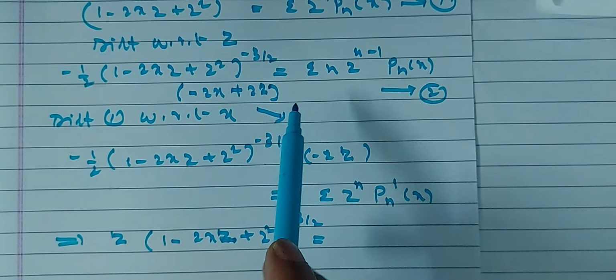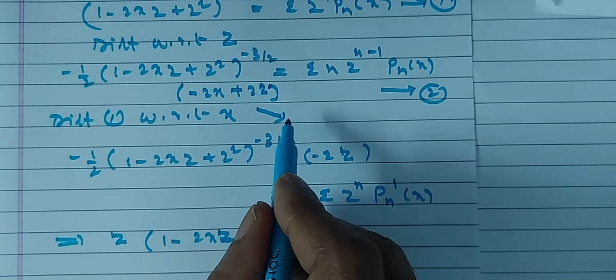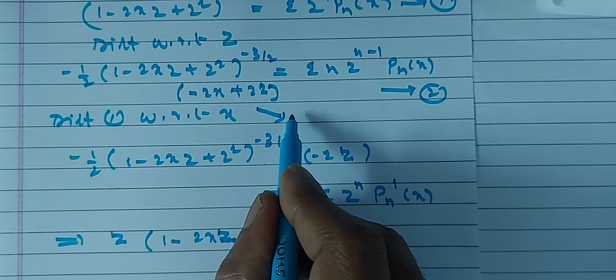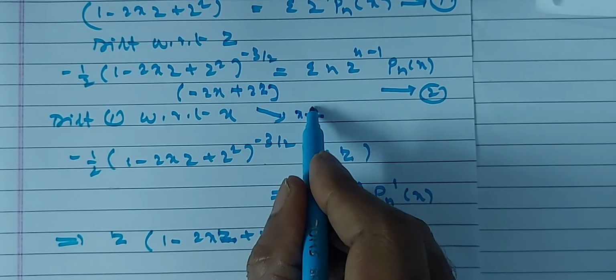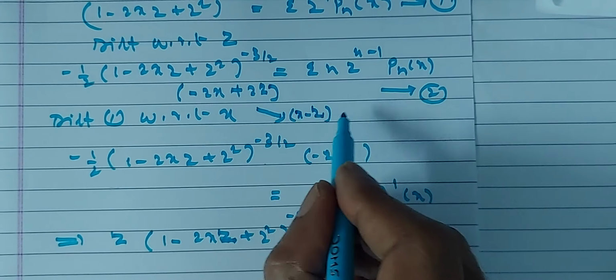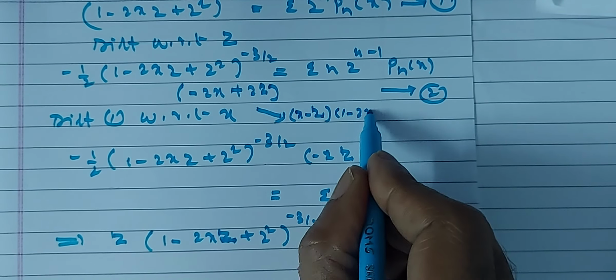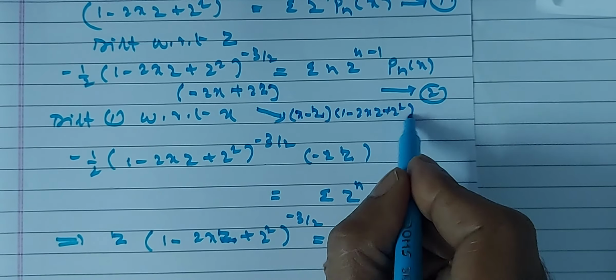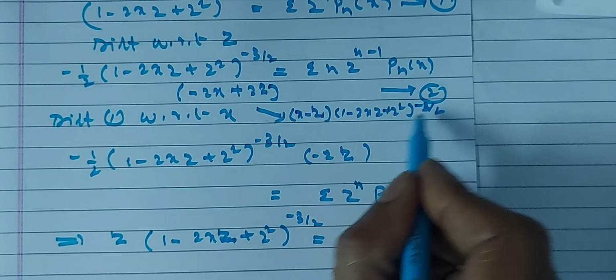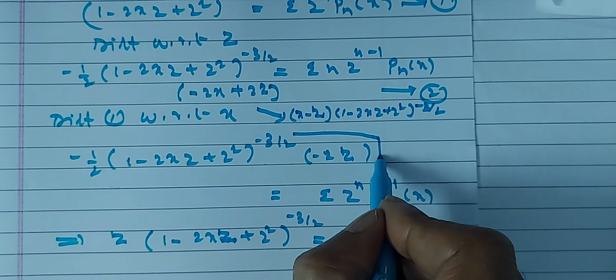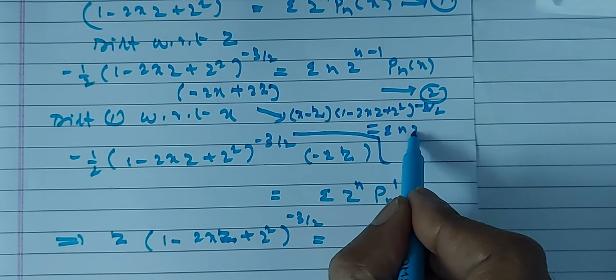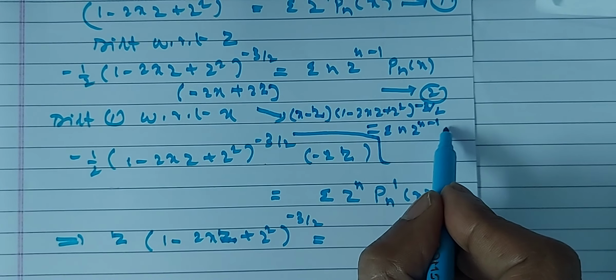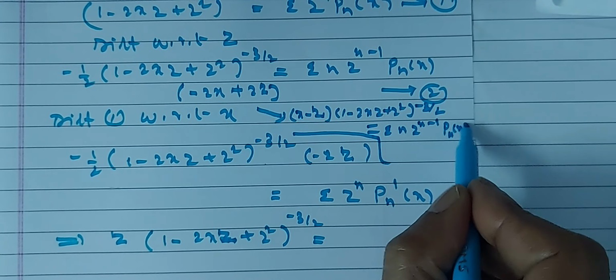Here I will write this: (x minus z) into (1 minus 2xz plus z square) whole to the power of minus 3 by 2 is equal to sigma n into z power n minus 1 into Pn of x.